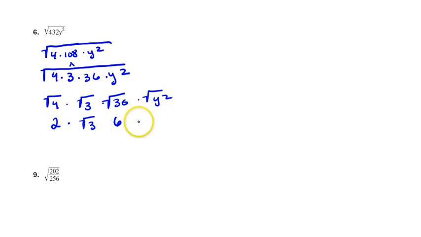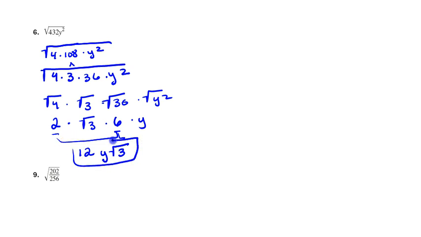And I know the square root of y squared would be y. All right, now I can multiply these like terms, and I get 12y times the square root of 3.